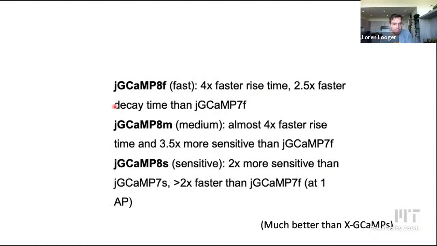So just to wrap up that section, if you really have a need for speed, then you definitely want 8-fast, which has a 4-fold faster rise time than best-in-class 7F, much faster, but a bit less faster decay time. 8-sensitive is twice as sensitive as the previous best-in-class, but still twice as fast as the previous best-in-class.